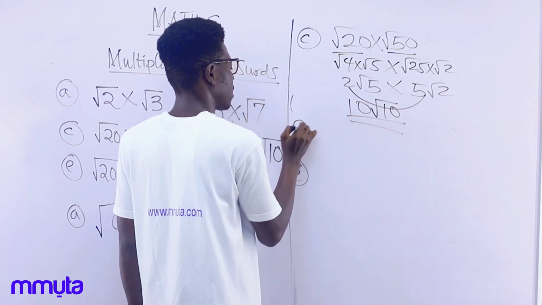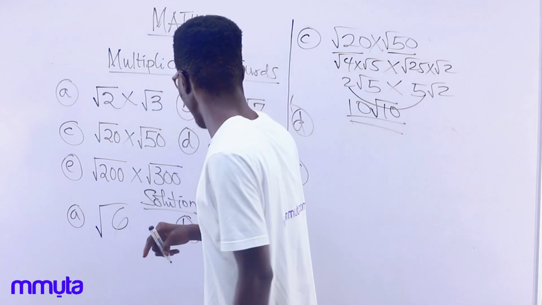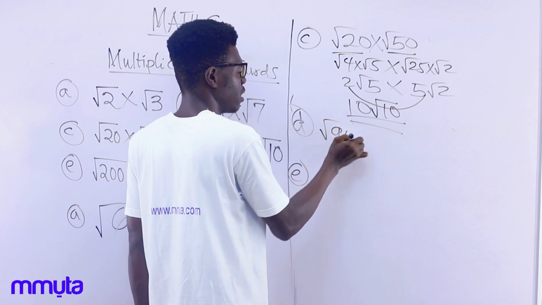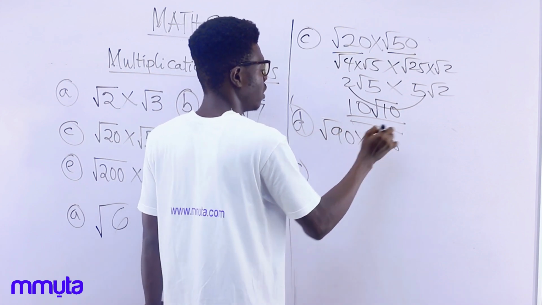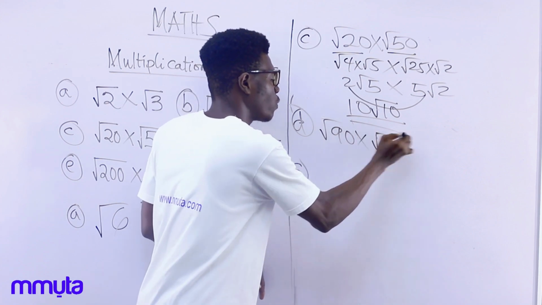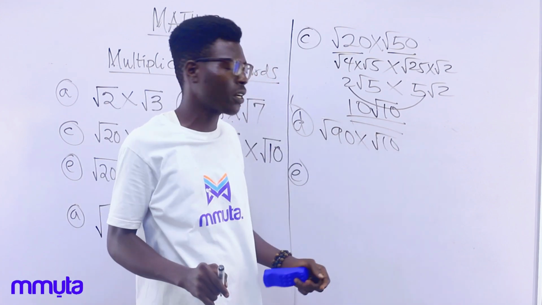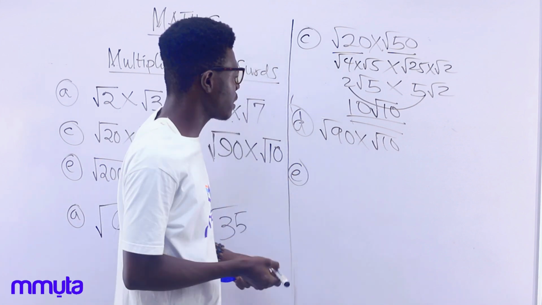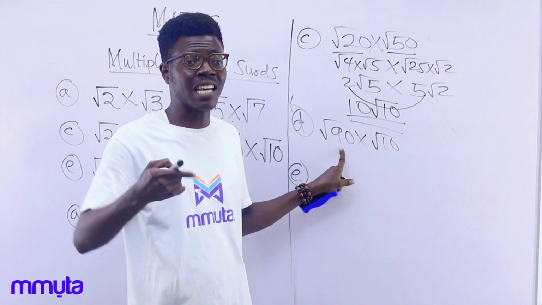Over to the D part. We have root 90 times root 10. Root 10 is already in the basic form, so you don't need to simplify it further, but root 90 can be simplified further. How do we simplify it? 90 is 9 times 10.